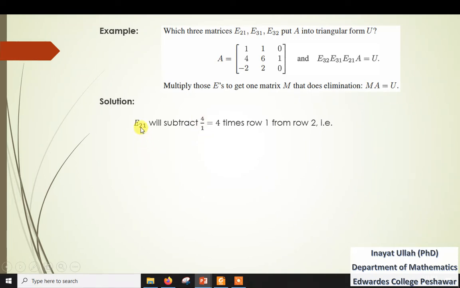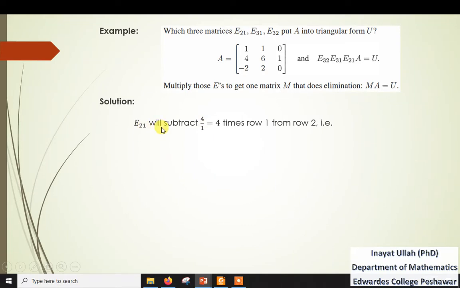We need to focus on row 2 and row 1, so row 2 divided by row 1. The first element of row 2 is 4 and the first element of row 1 is 1. So the first element of row 2 divided by the first element of row 1 is the multiplier 4 by 1.